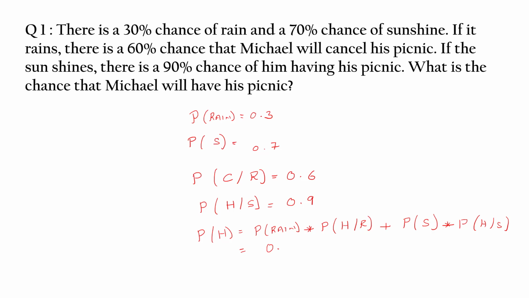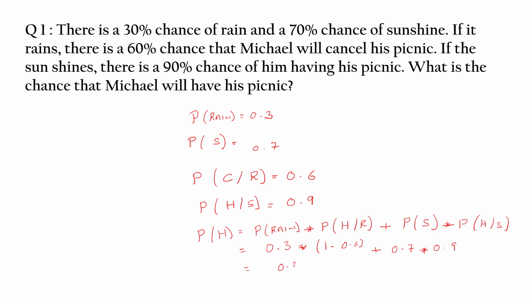The probability that it rains is 0.3. The probability that he has his picnic given that there is rain is 1 minus 0.6, plus the probability of sunshine is 0.7 multiplied by the probability that he has his picnic given that there is sunshine, which is 0.9.